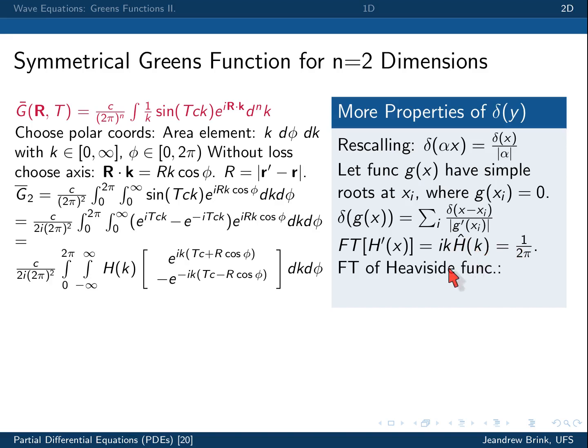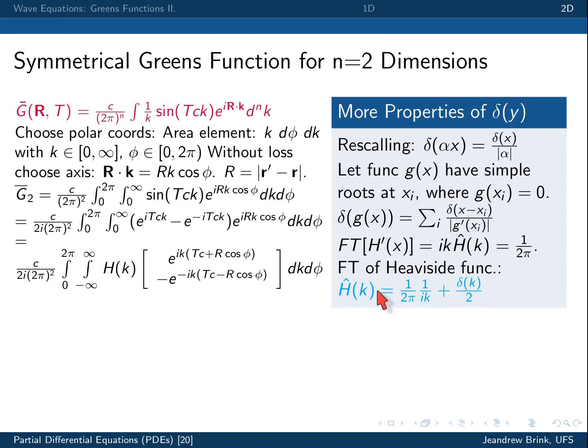So the full Fourier transform of your Heaviside step function, which you'll also look at in one of the problem sets, is actually given by h of k equals 1 over 2 pi times 1 over ik, which is what we had last time, plus the delta function of k over 2. So the Fourier transform of your Heaviside step function is not a function, it is a distribution, but it's a simply examined distribution.